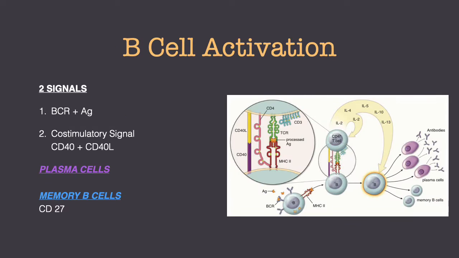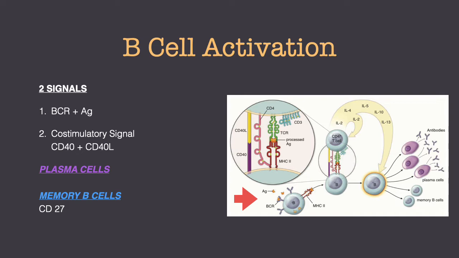B cells are genetically programmed to respond to only one antigen and also become activated in two steps. The coupling of the B cell receptor and the antigen signals the cascade of events leading to the presentation of antigen peptides on the MHC2 molecules to be recognized by the complementary T cell receptor on a helper T cell.